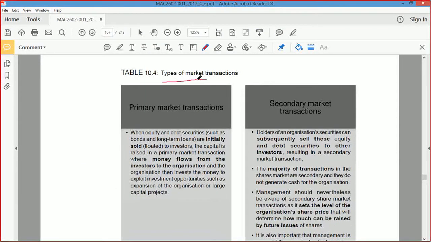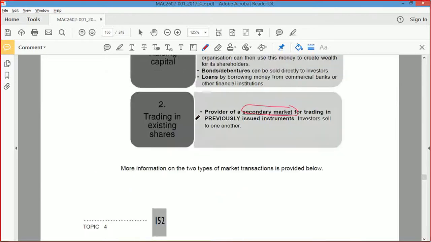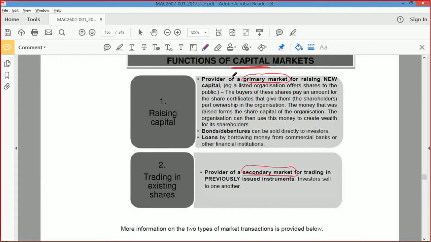Then they just talk about the types of transactions. You get two types of transactions: primary market transactions and secondary market transactions. Obviously, primary and secondary relate to the markets. So are we first listing on the exchange, or have we listed on the exchange and are we trading those instruments?